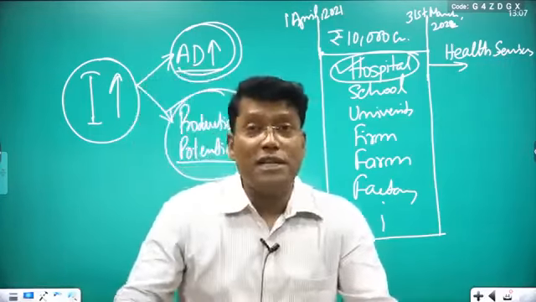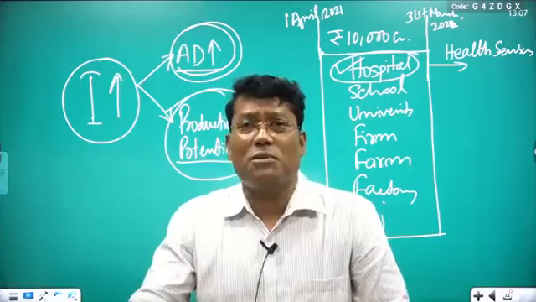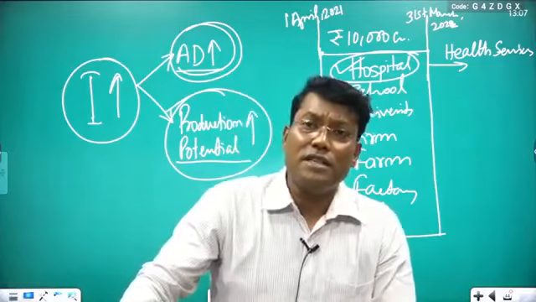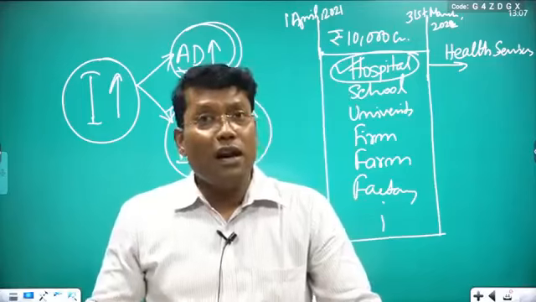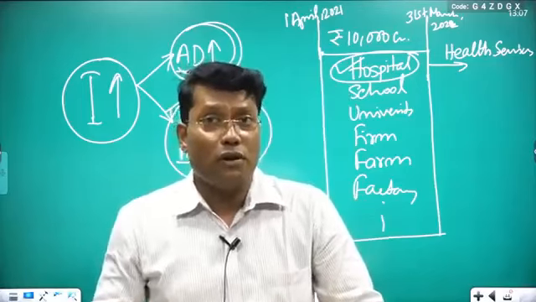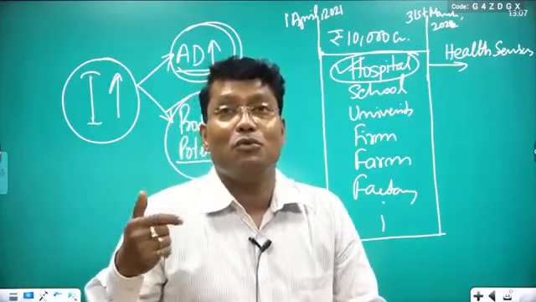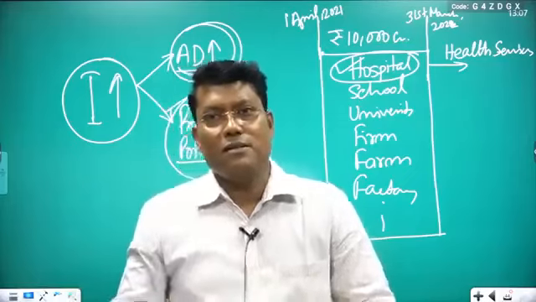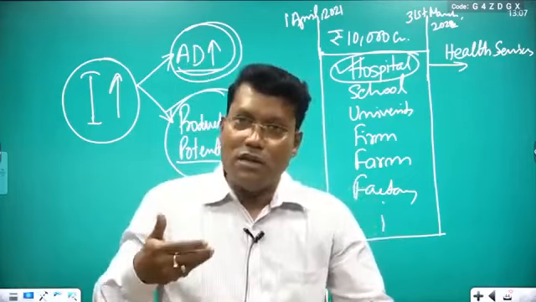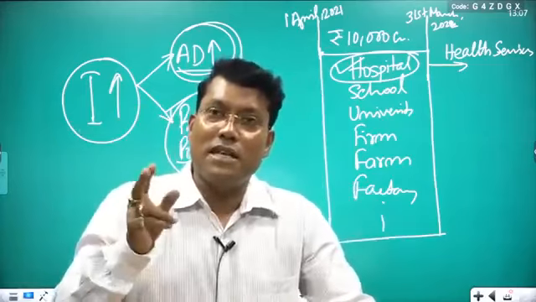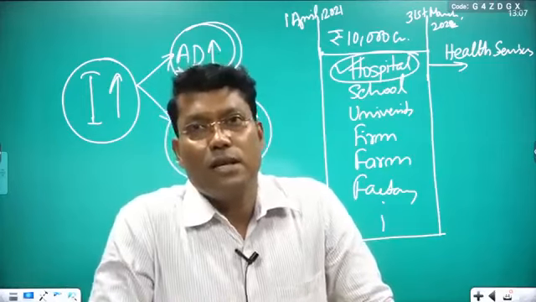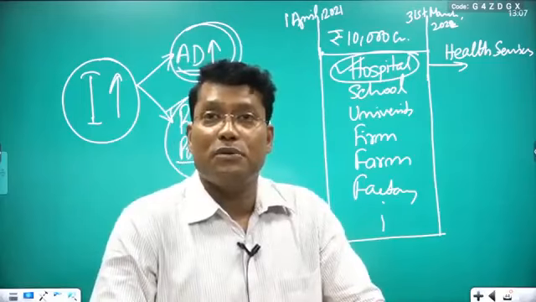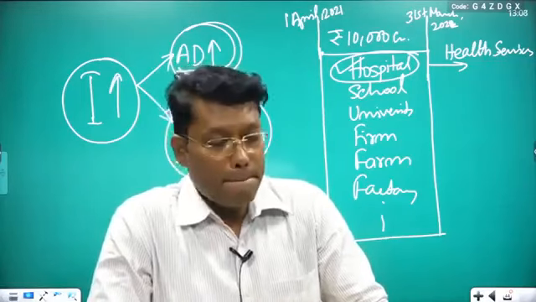But if you think about the Chinese economy, they already invested a huge amount and have huge potential to produce output. So they are facing a lack of demand. So they are giving more focus to increasing aggregate demand through consumption, because enough investment is already there in the Chinese economy. They want product demand to go up, so they are focusing more on consumption, because an increase in consumption will increase demand, and they already have the potential to produce, so they will produce and meet the demand. Clear dear?